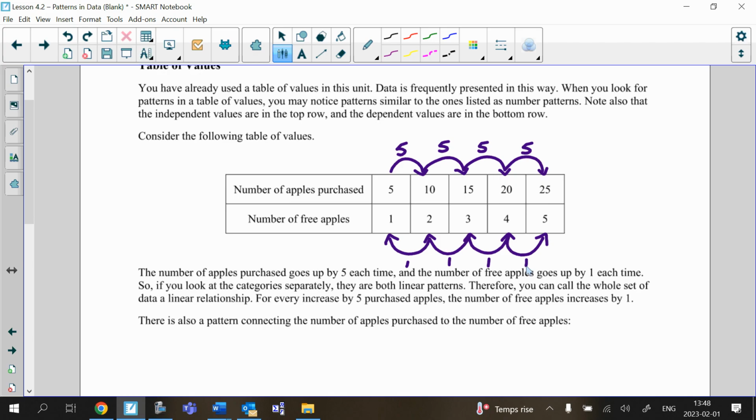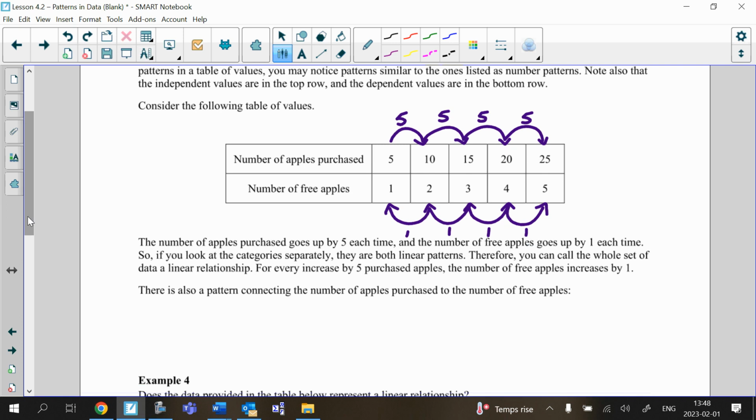We could write that using words. Not only do we see a pattern going this way, there's also a pattern going in each pair. What math am I doing to get this each time? To get from 5 to 1, to get from 10 to 2, to get from 15 to 3. What am I doing each time?